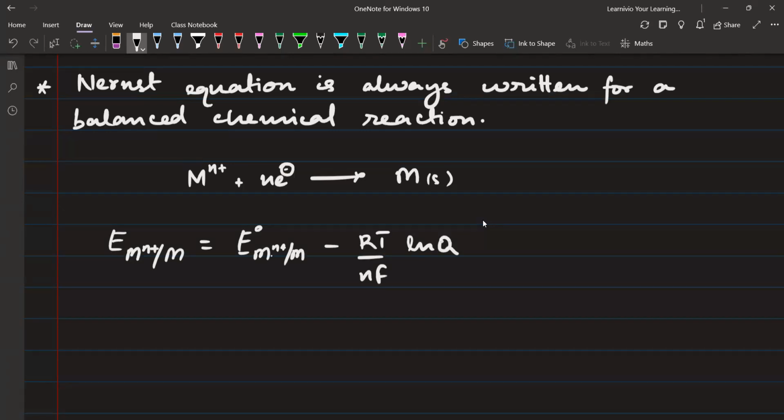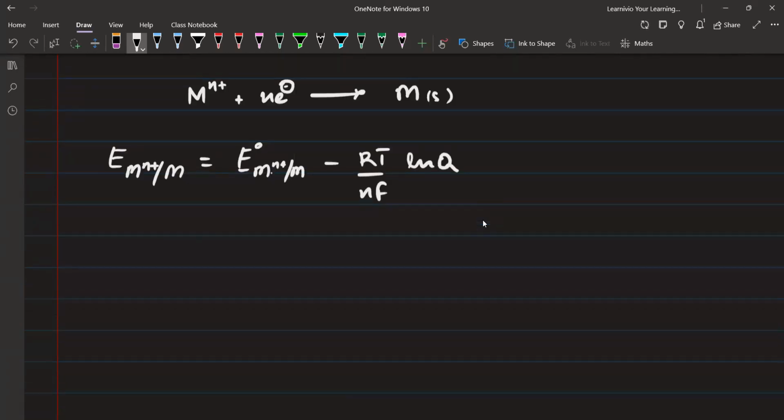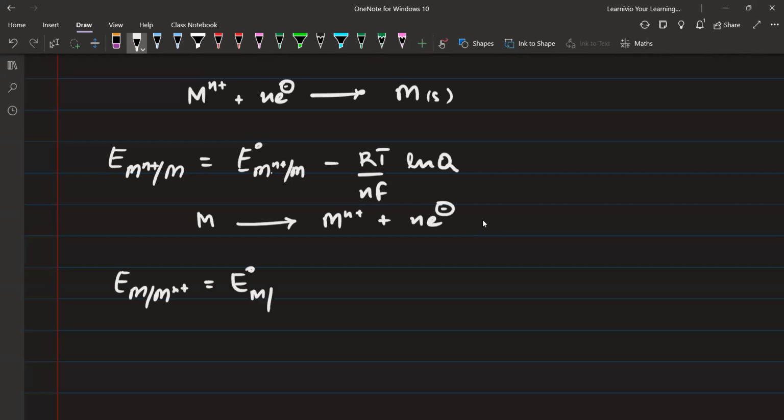If you have an oxidation reaction, for example, M gives M n positive plus some n electrons, then in that case E of metal to M n positive will be equal to E naught M n positive minus RT upon nF ln Q.